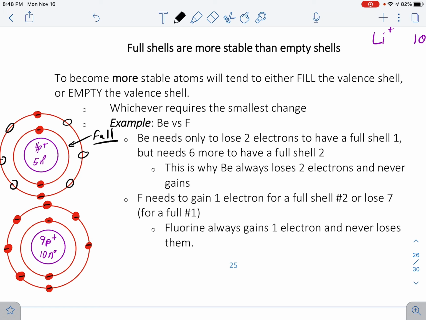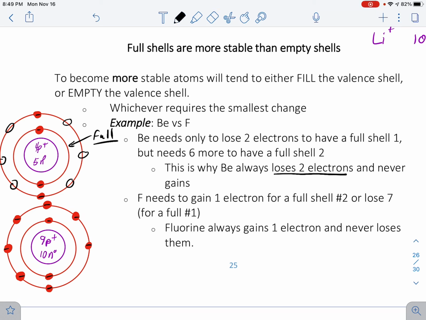I could fill in those 6 slots. So what is easier? Lose 2 electrons or add 6? Well, it's going to be a lot easier to lose the 2 electrons. It's less things to happen. Less things to happen is always better. So in this case, beryllium will lose the 2 electrons to become an ion that is beryllium 2+.